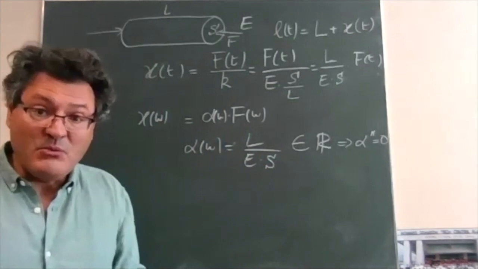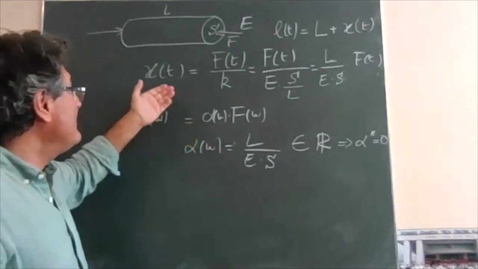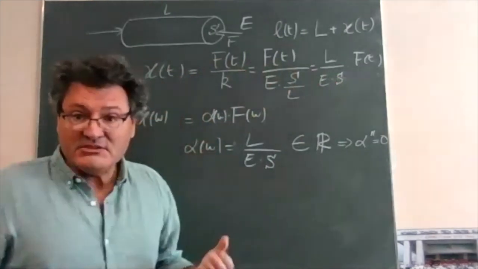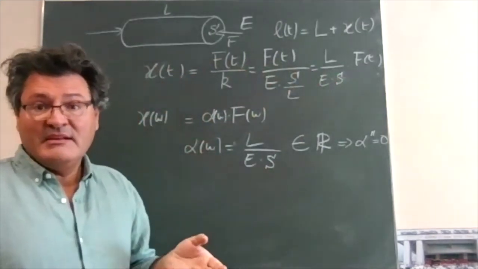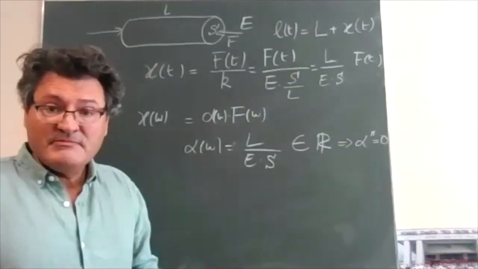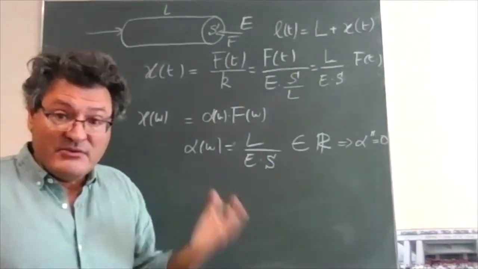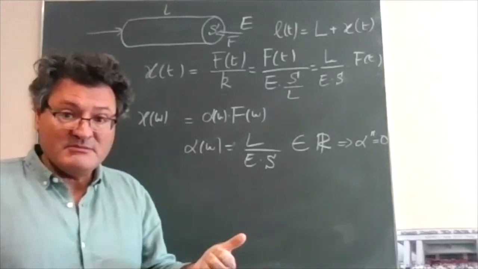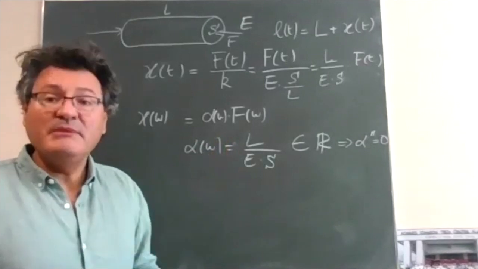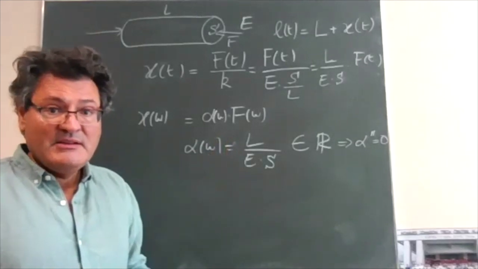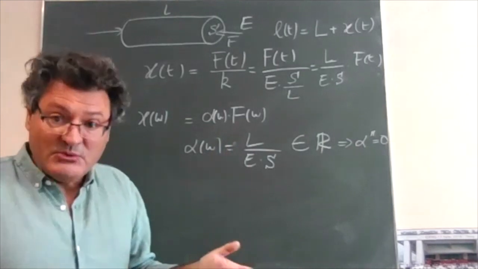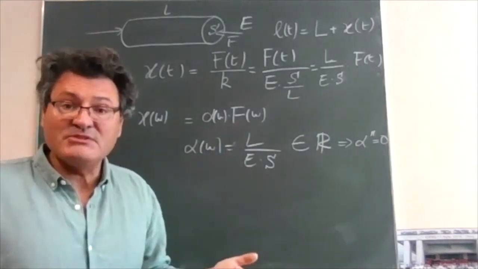This is the reason why this simple relation is not real. Any response of a real material, could be thermal response, mechanical response, electrical response, cannot be instantaneous. They go through what is called a relaxation process.